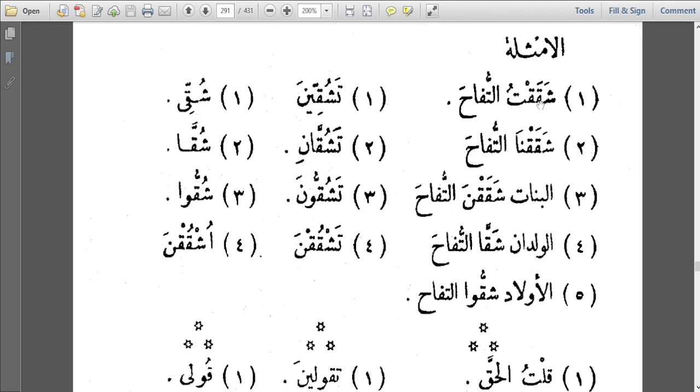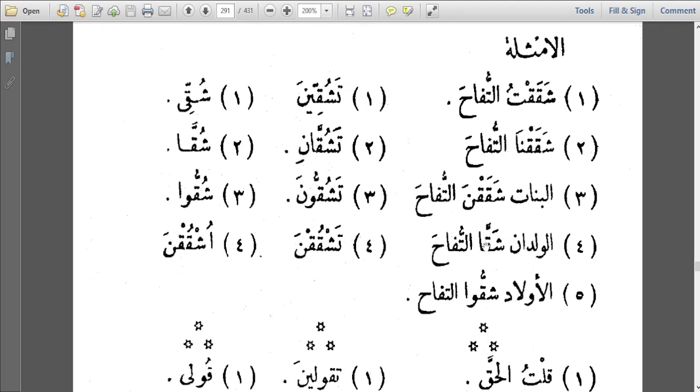You have shaqqa. The verb is shaqqa. It is coming into contact with ضمير الرفع البارزة. This one is mutaharrika, it has a haraka at the end. Now there are some ضمائر الرفع that are sukun, like the alif al-ithnain.